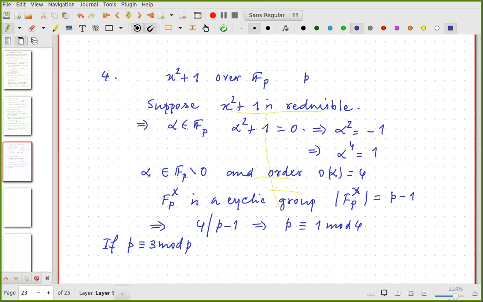We also say that it's not 2. So if p is 3 mod 4, then this doesn't happen, so x square plus 1 is irreducible. It cannot be reduced.